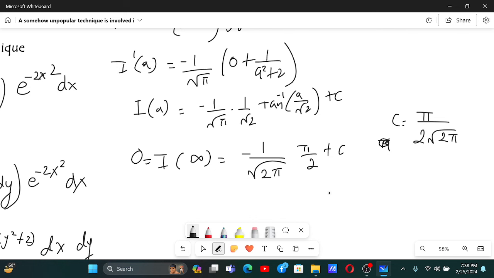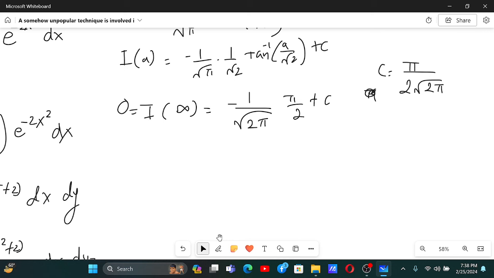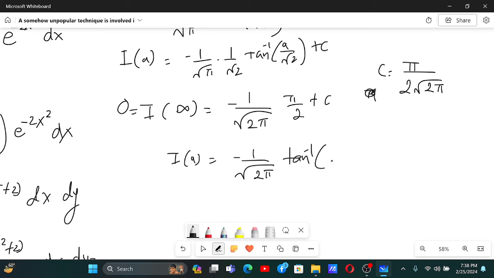Nice. So I of a is equal to minus 1 by root 2 pi tan inverse a by root 2 plus pi by 2 root 2 pi.